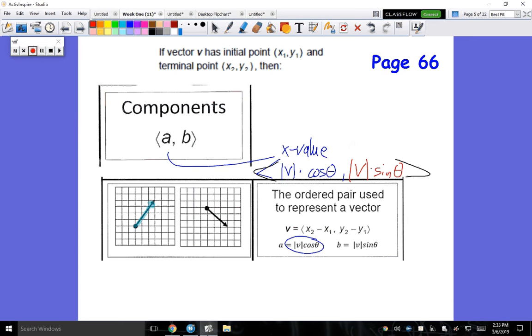And the reason of that being, guys, is because, look, you've done this before. Sine is y. Cosine is x. And that vector is like r. It's like the strength of the radius, if you will. So what we've done before, you can think of these v's as r's.